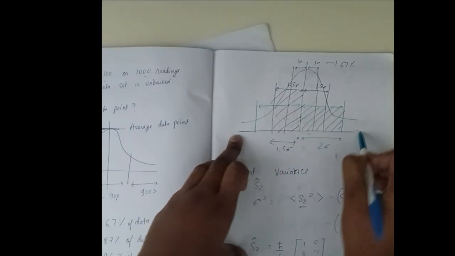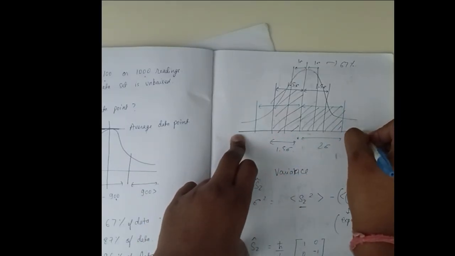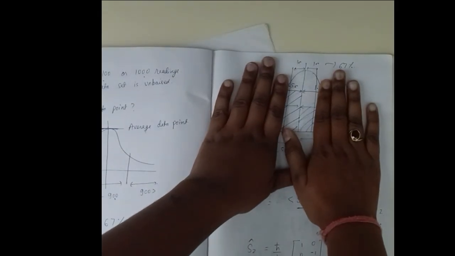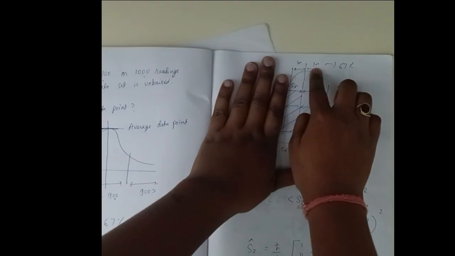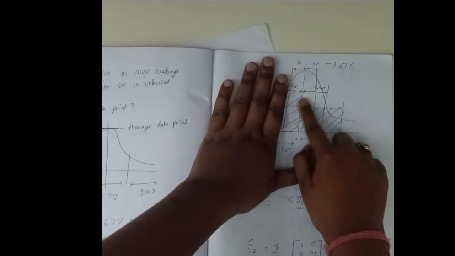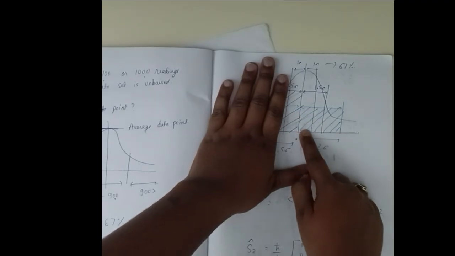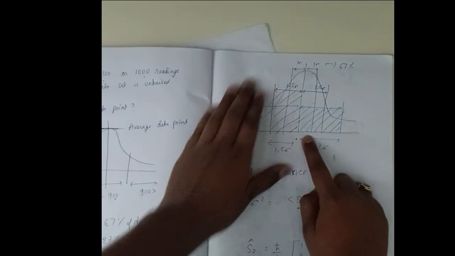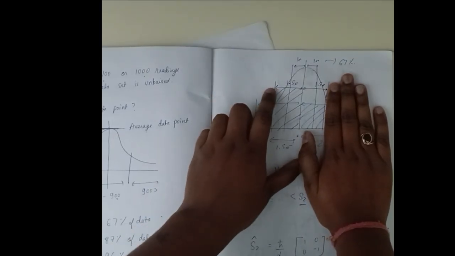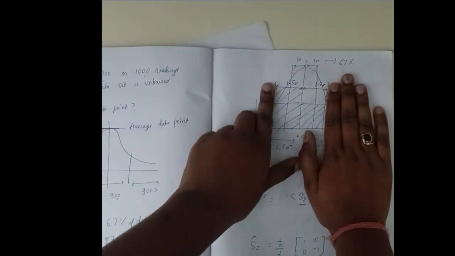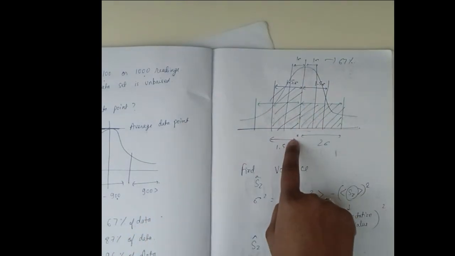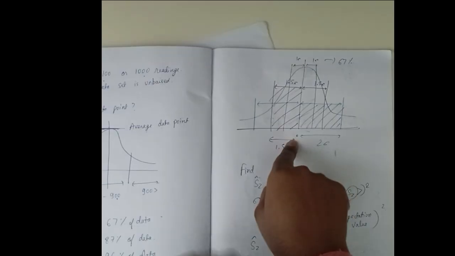Here in this curve you can see that this is a normal distribution curve. From here, this is 1 sigma, and this area covers 67% of the data set. Then comes 1.5 sigma, from here to here, which covers 87% of our data set.